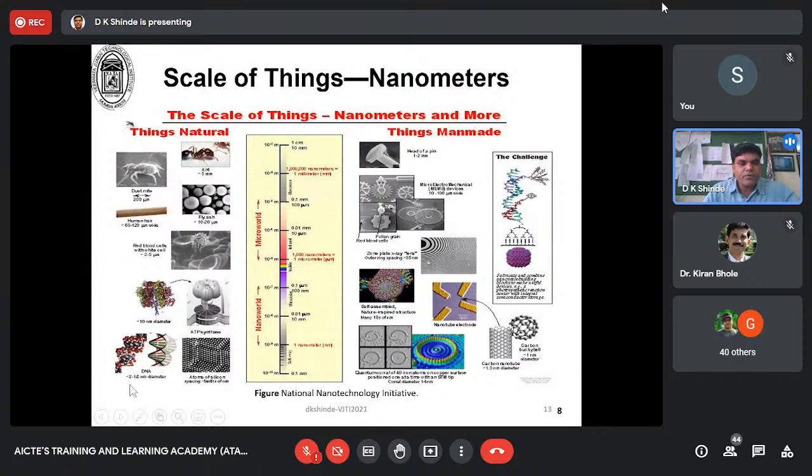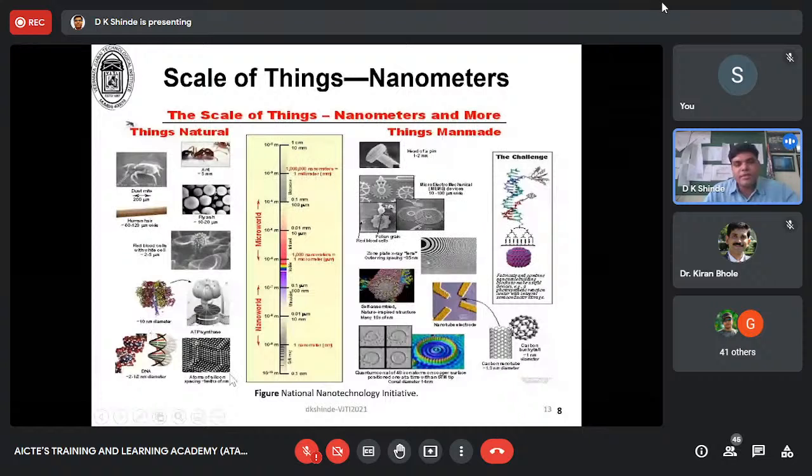RNA is 2 to 12 nanometers in diameter. DNA has been created, and the same thing you can synthesize by using atom and molecule manipulation with the help of the manipulator in the AFM, SEM, or regular scanning electron microscope, or you can use other available microscopic tools to manipulate it.